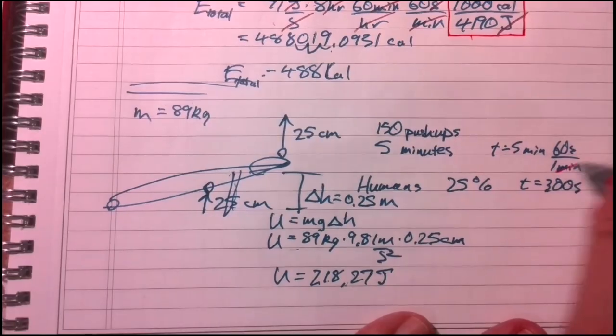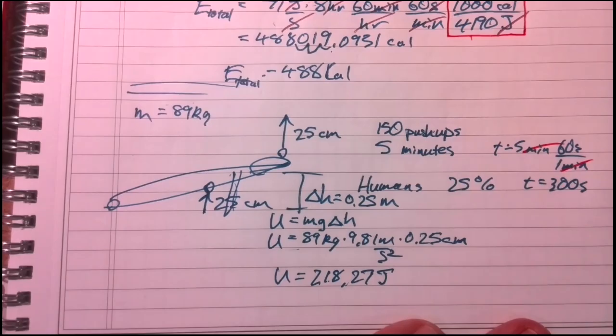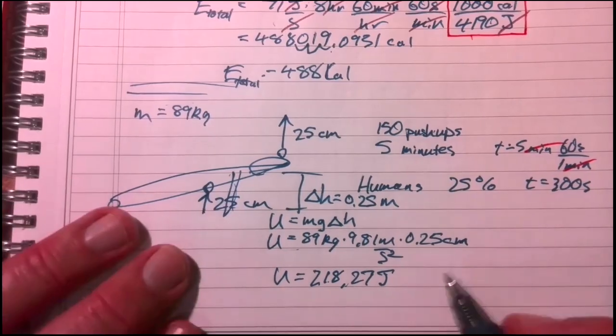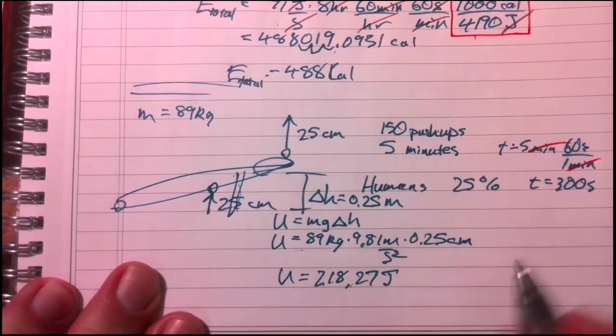The minutes cancel out. And we know that human beings are only 25% efficient. Let's find just the total energy first. We'll get to the efficiency in a minute.